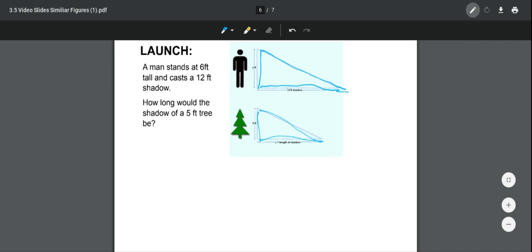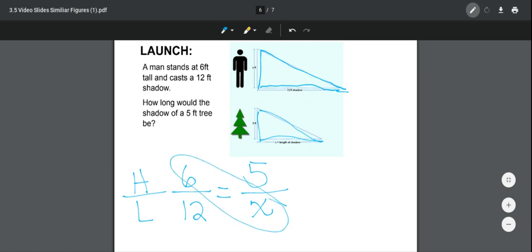So we are comparing the height to the length of the shadow. So we know that the height of the man is 6, the length of his shadow is 12. Similarly, we have a height of a tree, which is 5, and comparing it to the length of its shadow, which we don't know, and therefore we'll use the variable x.